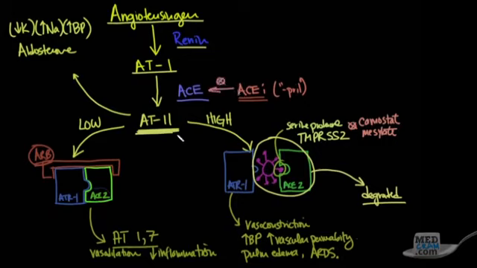If you have too much angiotensin 2, then what can happen is the angiotensin receptor dissociates from ACE2 and gets activated to cause vasoconstriction, increased blood pressure, permeability, pulmonary edema, and ARDS. That's exactly what we don't like to see in these situations in viral pneumonia. However, if there are low levels of angiotensin 2, then it gets metabolized by ACE2, and that gets converted into a vasodilator called angiotensin 1,7.